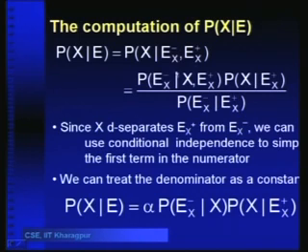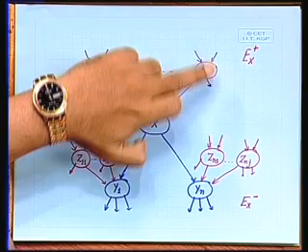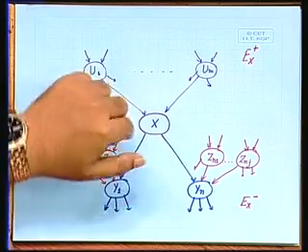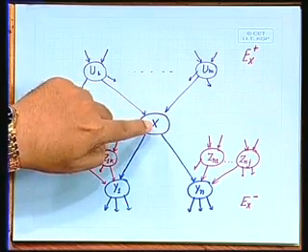Now, since x d-separates Ex plus from Ex minus, recall that in the kind of networks that we are looking at, there is only one path between every pair of nodes. So, any path from Ex minus to Ex plus has to necessarily go through x.